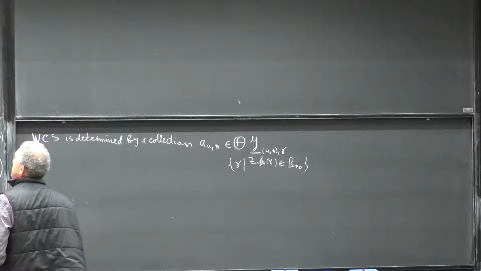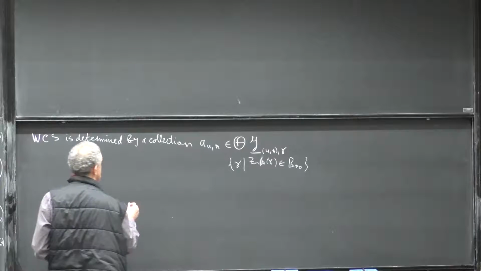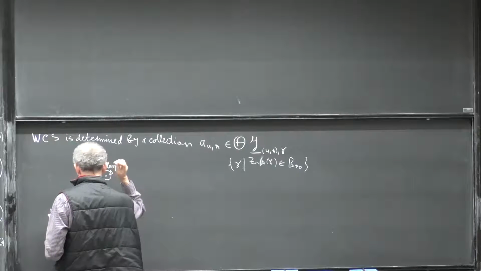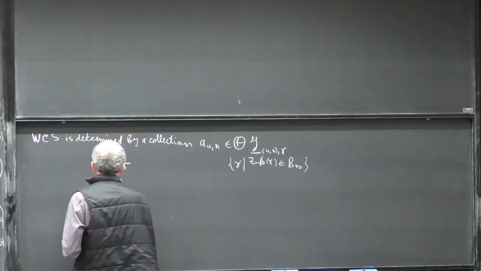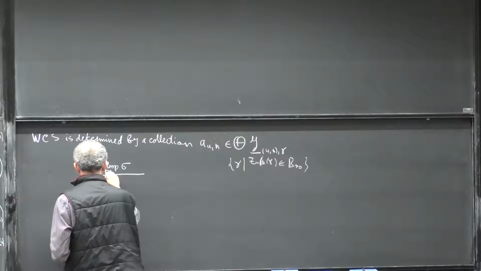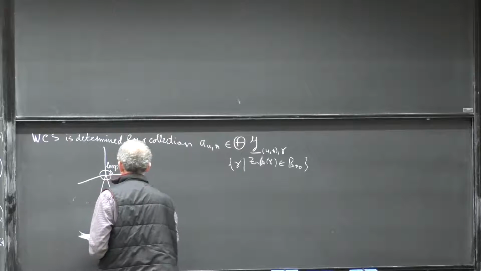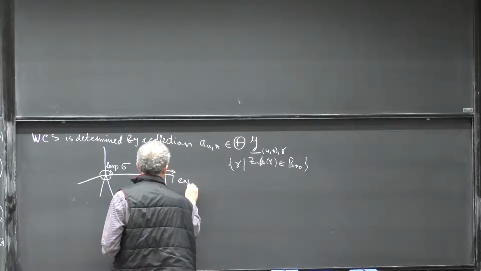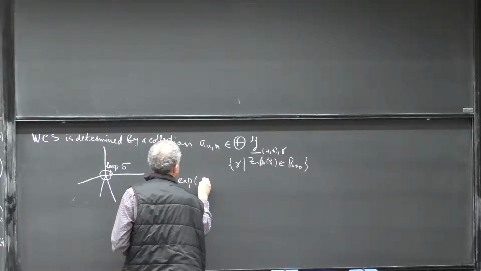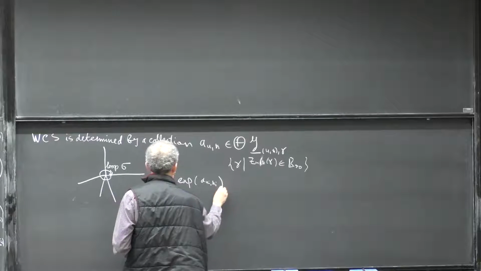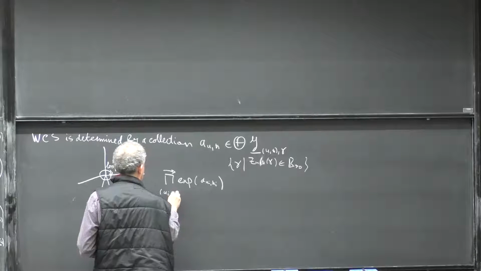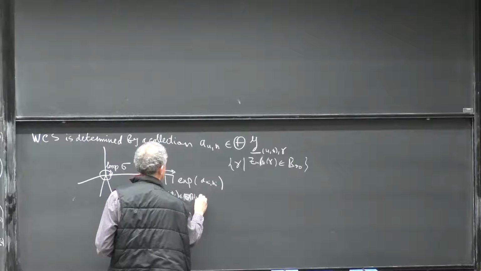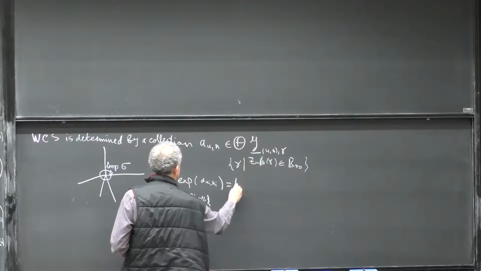And the transitivity condition, cycle condition, means that if we take a small loop sigma, so we have here a loop in our N, then the product, say in the clockwise direction of the elements A_{U_i,H_i} over the intersection, sigma intersection with walls, this product is equal to 1.